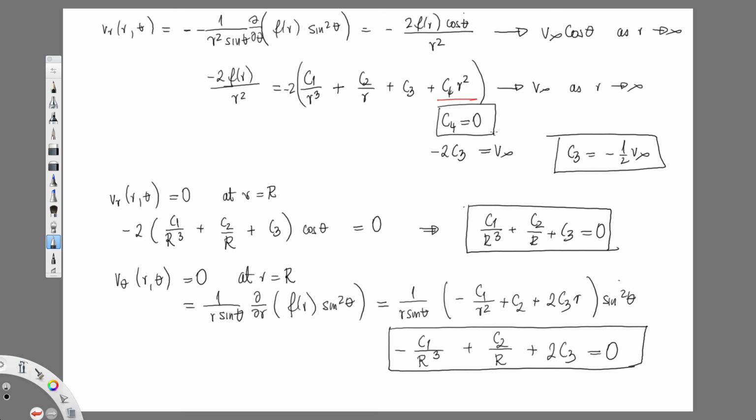So you can plug it in. I'm just going to go dot, dot, dot. C1 is minus R cubed v infinity over 4. And C2 is 3/4 R v infinity.